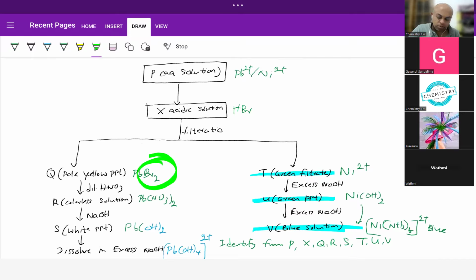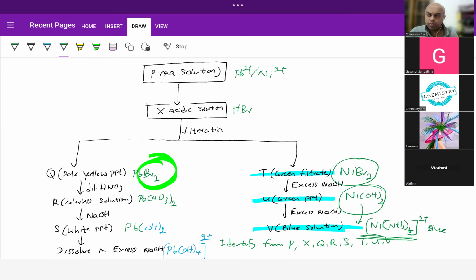Then nickel, Ni2+ here also, it is having lead bromide, which is colorless, and a green filtrate because of nickel. So this is lead bromide, nickel hydroxide, and Ni(NH3)6 2+, or Ni(OH)4 2+. Both are accepted because here ammonia is not mentioned.